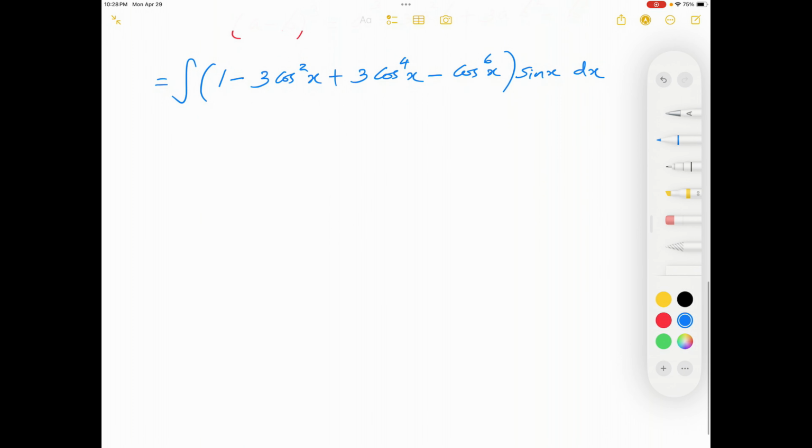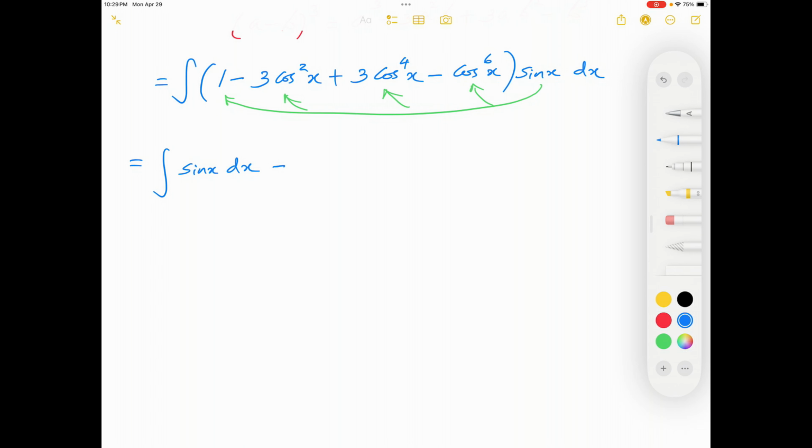Now I can distribute this sine x term to each of the terms inside the parentheses right here and write down those as separate integrals. The first one will become integration 1 times sine x is just sine x dx.